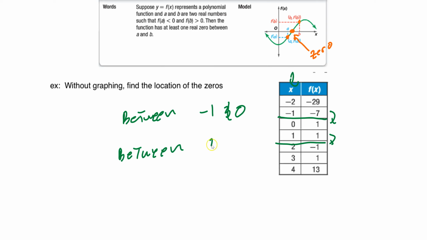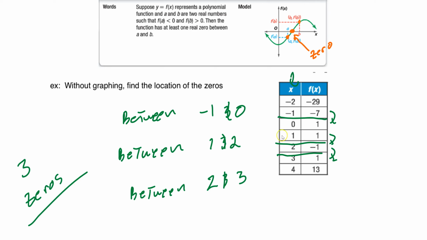So between 1 and 2. Right, so where does it happen? It happens between 1 and 2. And then it goes, so again, positive, positive, negative, positive. It switches really quickly again. So there's 1 between 2 and 3. So this one has 3 zeros.